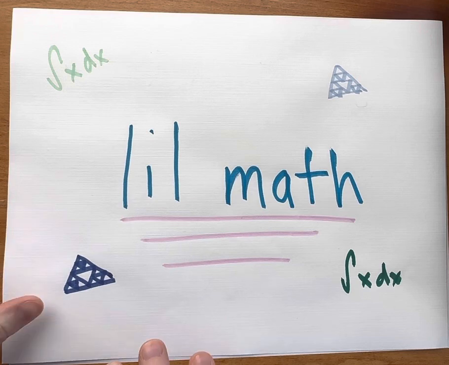Last two videos I spent talking about vectors, and you may be wondering, what else can I do with vectors? Obviously, they're very helpful, especially in physics, to describe not only a point, but a direction, like a distance in a direction, but there are things you can calculate with vectors to get more information.